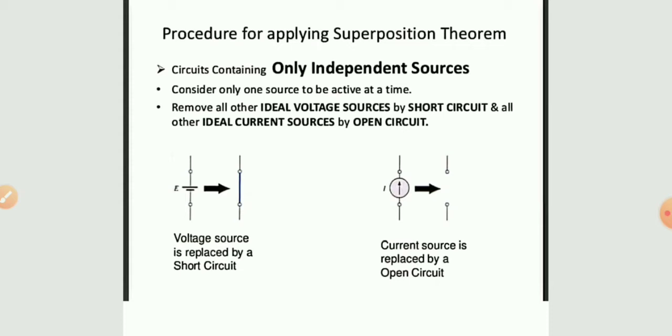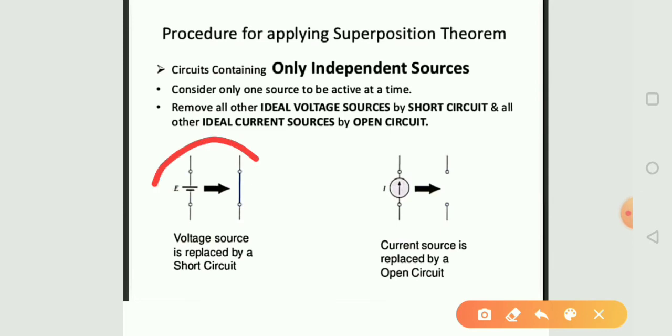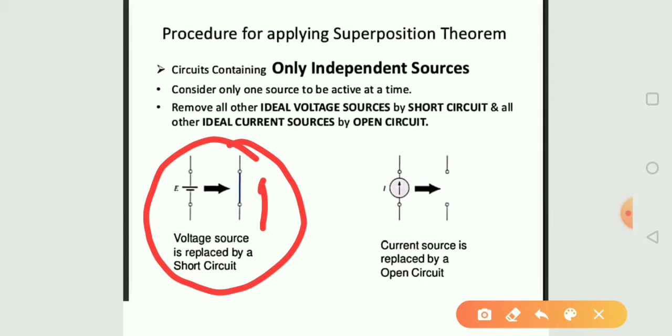Whenever you replace a voltage source with its internal impedance, it should be short circuited. The voltage source will be short circuited, and whenever a current source is given, it is open circuited.